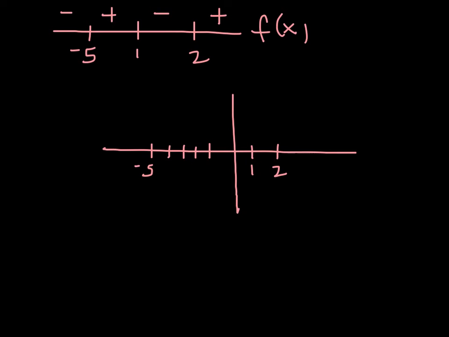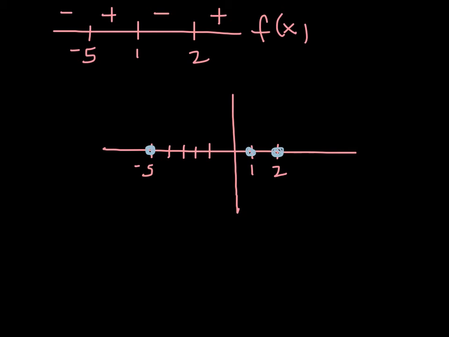All right, so here is our sign chart that we have, and I just kind of sketched a little graph here. So we know that our zeros are at negative 5, so that means that the graph will hit the x-axis at negative 5. It's going to hit the x-axis at 1, and it's going to hit the x-axis at 2.